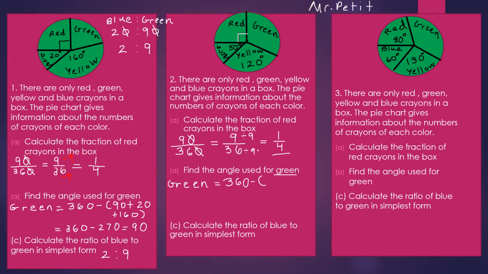We know 90 because 90 is right there. 90 is for the red, and then 50 is for the blue. And then we have plus 120. 120 for which color? Which color is 120? Yellow. So 120 is yellow.